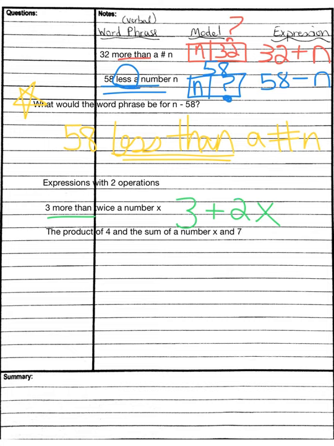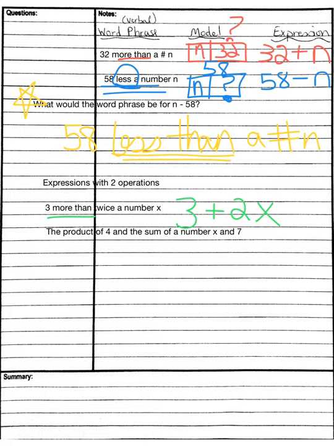We got a couple things here. Well, product meaning the answer to a multiplication problem. But when you have the sum of a number x and 7, also meaning the answer to an addition problem.